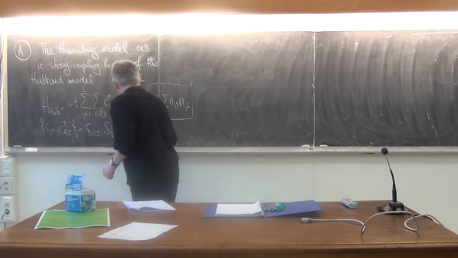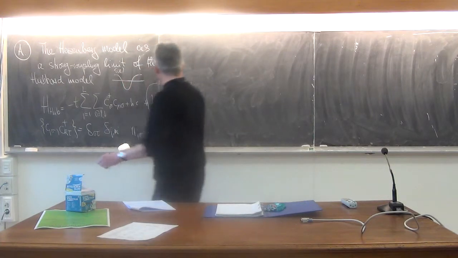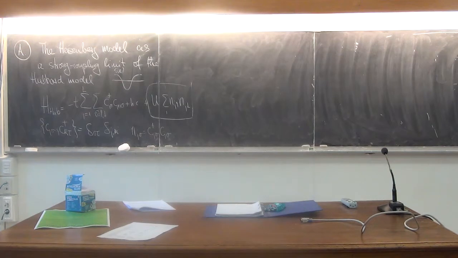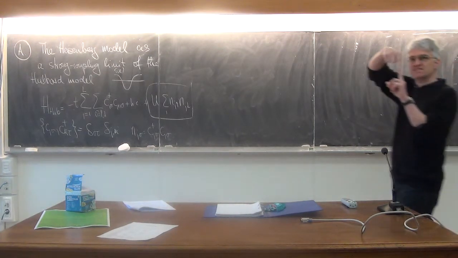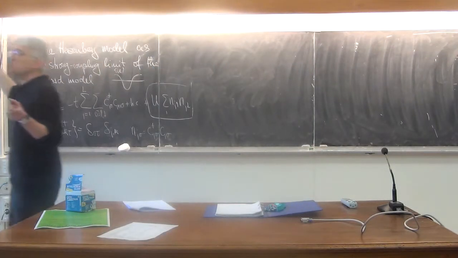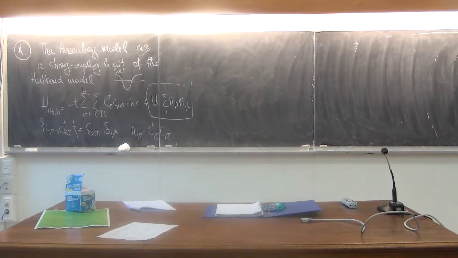So n_{j,sigma} is a number operator of electrons with spin sigma. Physically, what this term means is that if you have two electrons at the same site, it costs an energy U. So they repel each other. And where does this model come from?